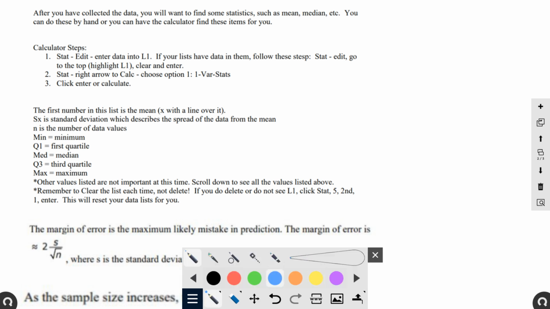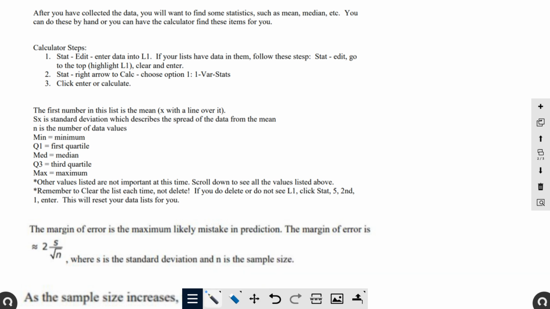So let's do something easy like shoe size. Okay, so we go around the room and everybody tell me your shoe size, and we'll collect that data. Shoe size. 10.5. 9. 14.